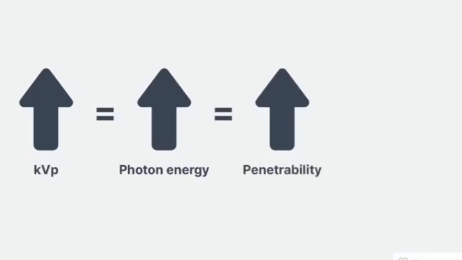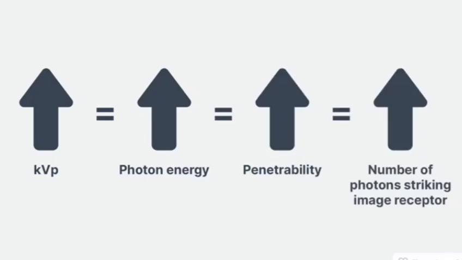A higher kVp means more photons in the beam, and a higher percentage of photons will penetrate through the patient to the receptor. So increasing kVp increases the photon energy, or quality, which then increases the receptor exposure, because a higher percentage of photons are penetrating through the patient.